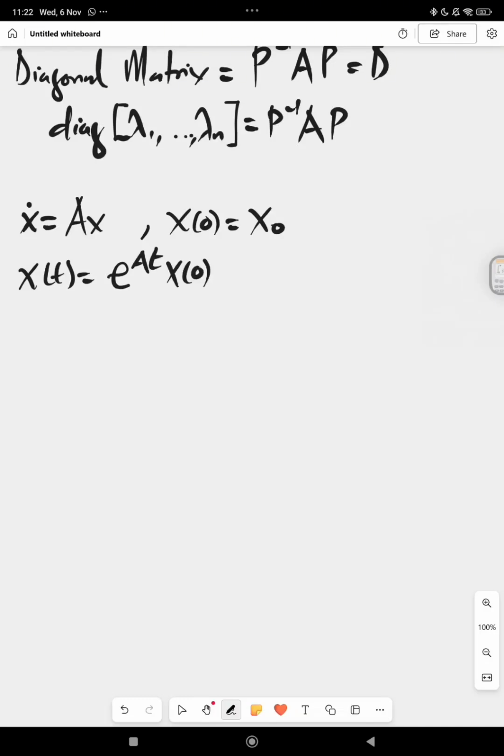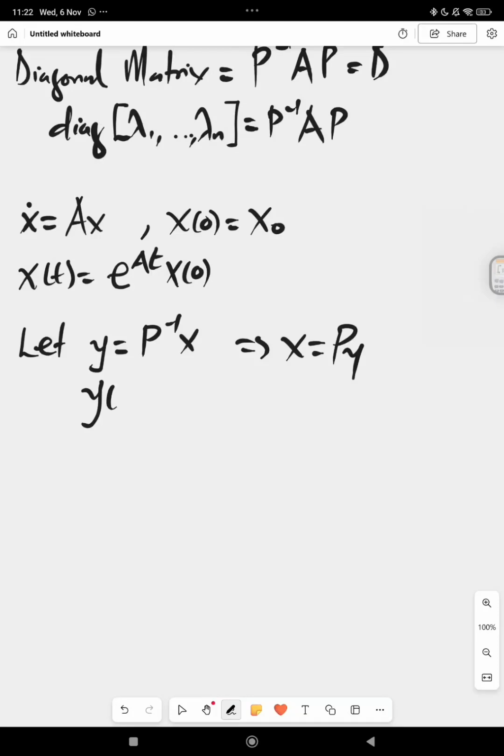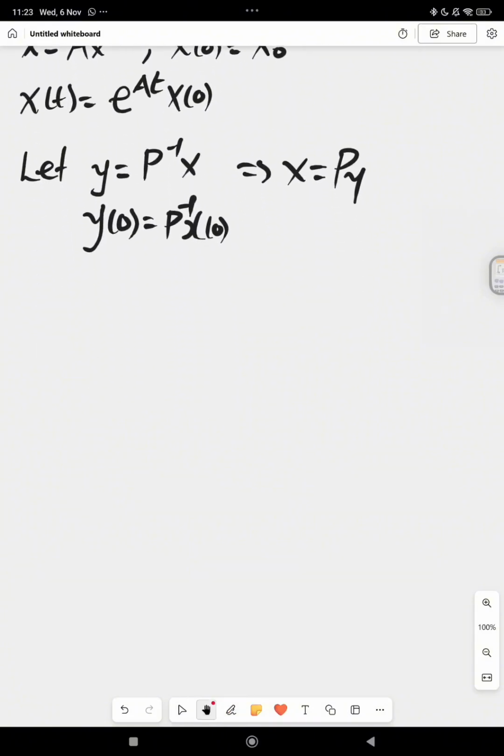This is going to be a solution. Now, if we let y equal to P inverse x, it implies that x is equal to Py. It's as simple as that. It also implies that y of 0 is equal to P inverse x of 0. So now, we want to transform this system.